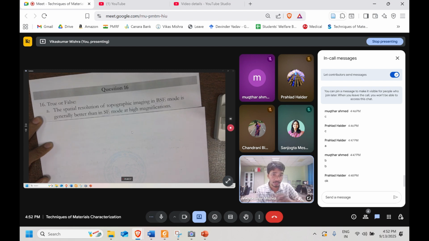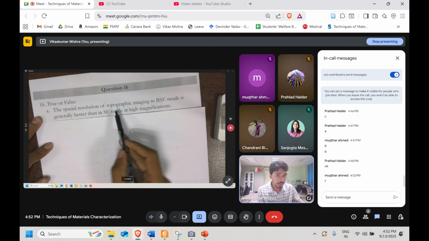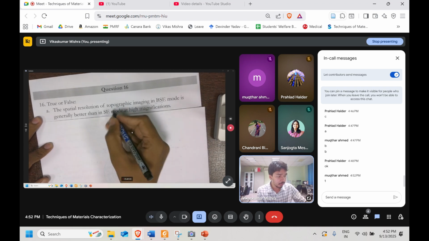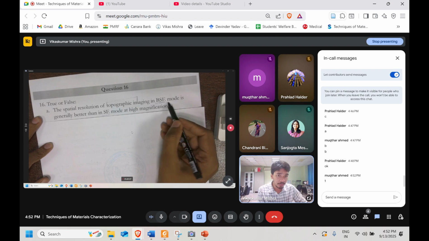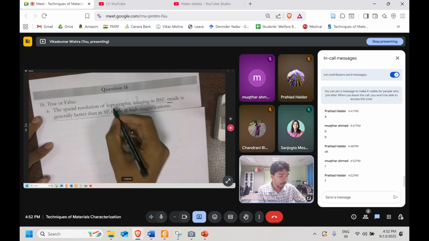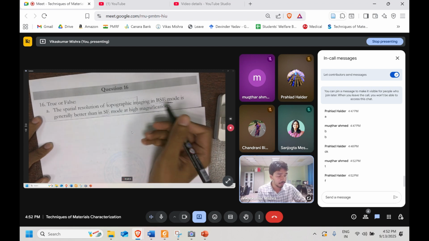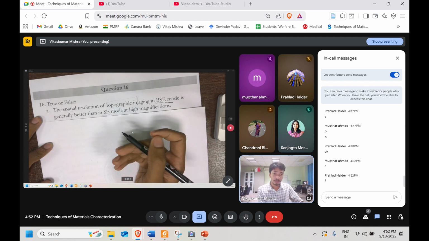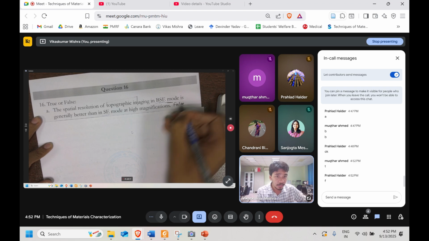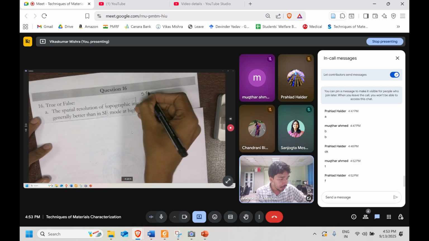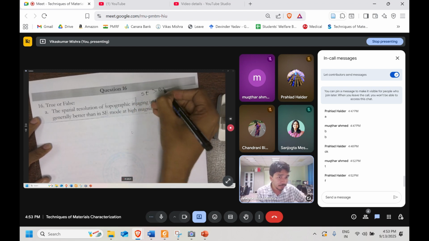Is it true or false? We are talking about the topology. It's telling that the topological information is better in the BSE mode and not the SE mode. Very good. The right answer is false. So SE mode has the better resolution compared to BSE mode.